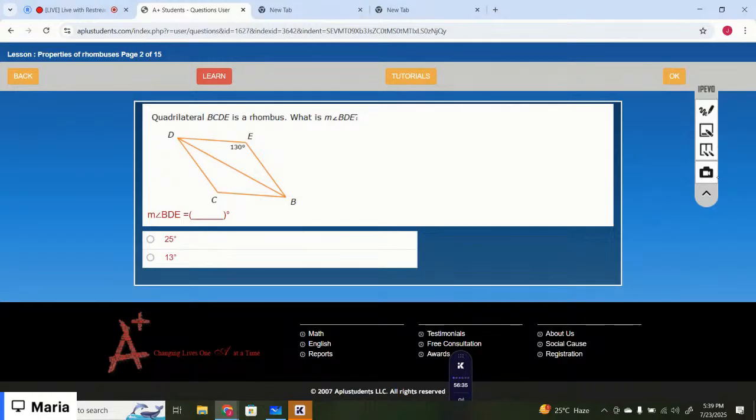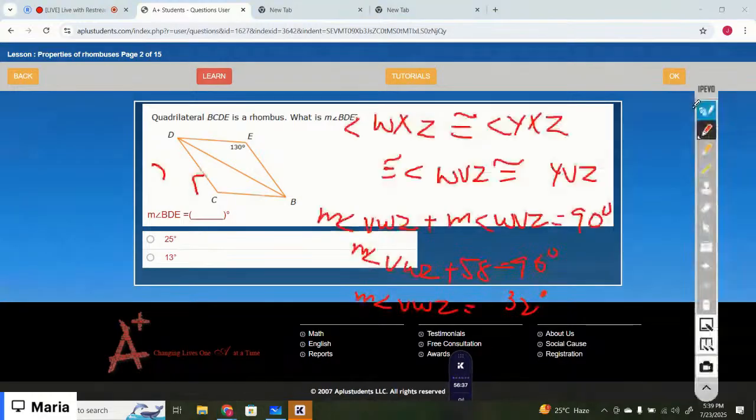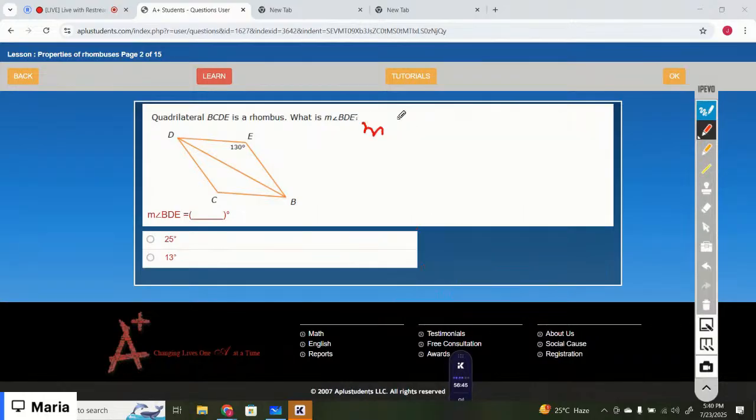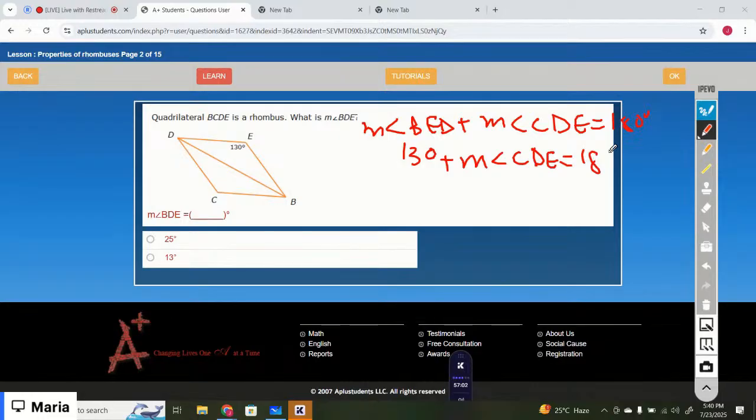So the measure of angle BED plus the measure of angle CDE equals 180 degrees, right? BED we are given as 130, plus the measure of angle CDE equals 180 degrees. So the measure of angle CDE equals 180 minus 130, that equals 50 degrees.